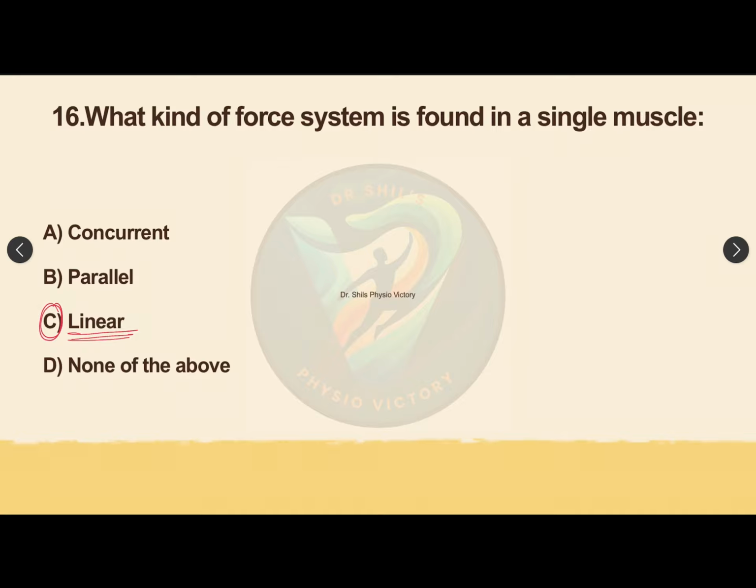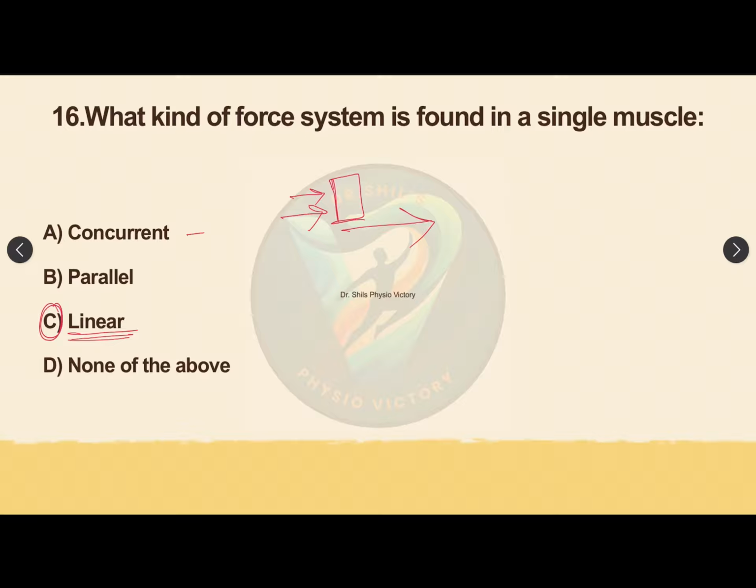Linear force is when two forces act along the same line and produce straight line motion. For example, if there is an object and two people pushing the object in this direction, this is called a linear force or pushing linear force.